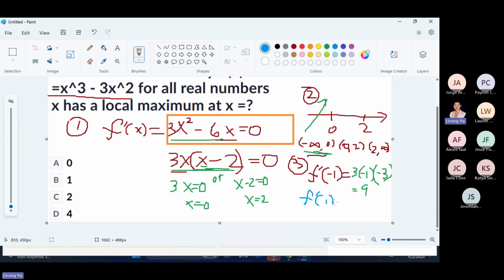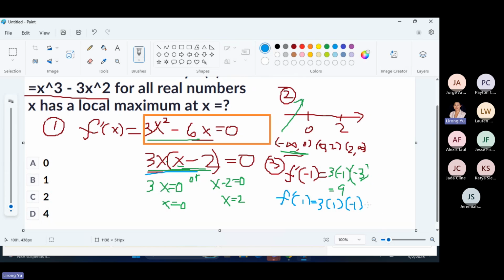Let's pick 1. We put it in: 3 times 1 times 1 minus 2, that's negative 1. Finishing the calculation, it's negative 3. Negative, so it's decreasing on the interval 0 to 2.